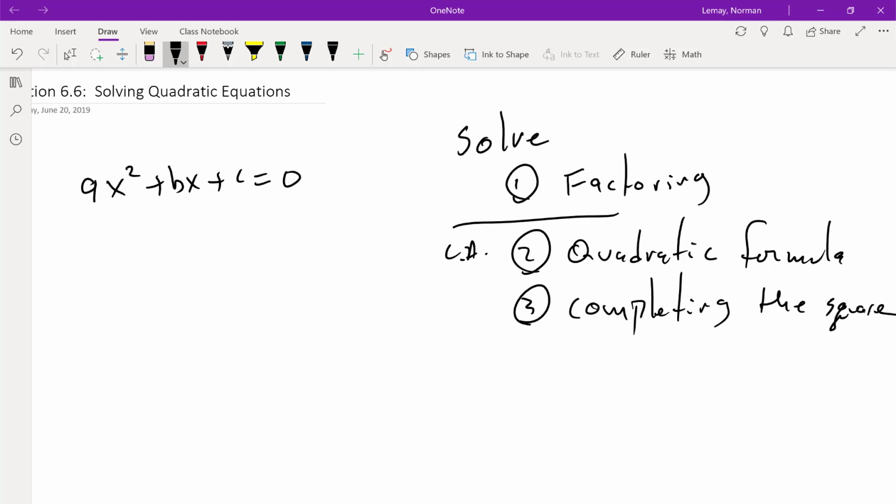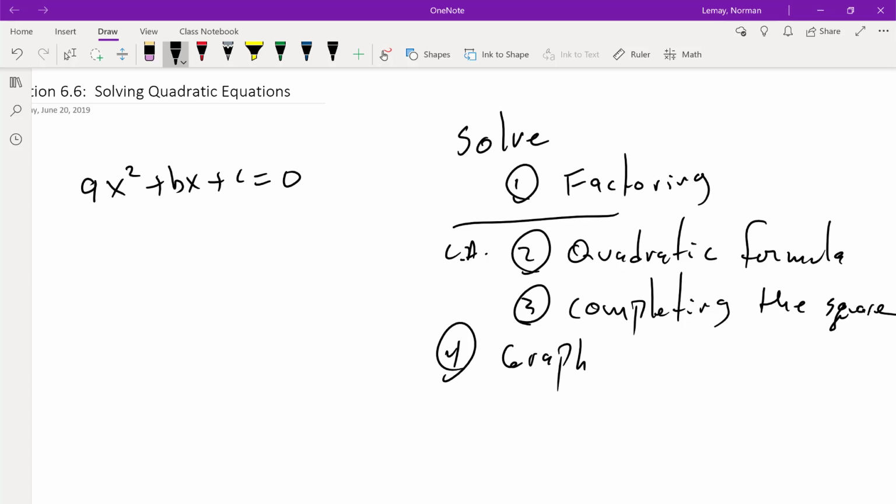I'm not going to discuss these. I just want to introduce these to you. And then finally there's a fourth one. You're going to use a graphing calculator and actually graph the graph of the quadratic, and then use your calculator to come up with what we call the x-intercept.